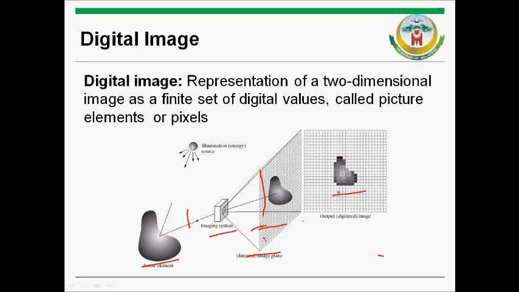Do you understand this? Yes. You have some continuous pattern, and then you take some samples from a continuous line. Okay, let's say you have this continuous line, and then you take some sample at this point, another sample at this point, another sample at this point, and you skip these areas.